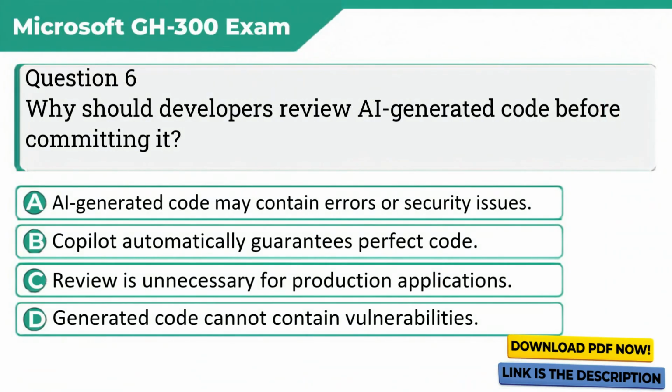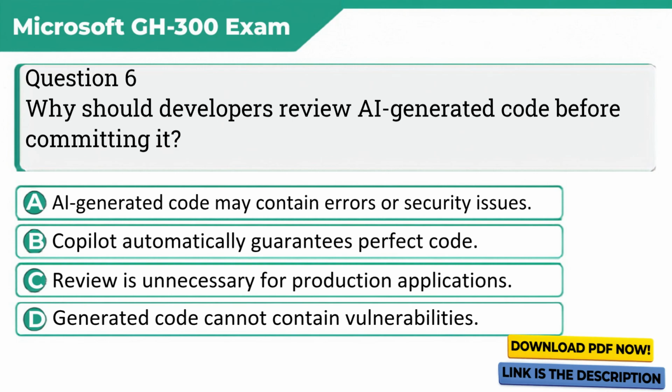Question 6. Why should developers review AI-generated code before committing it? A. AI-generated code may contain errors or security issues. B. Copilot automatically guarantees perfect code. C. Review is unnecessary for production applications.